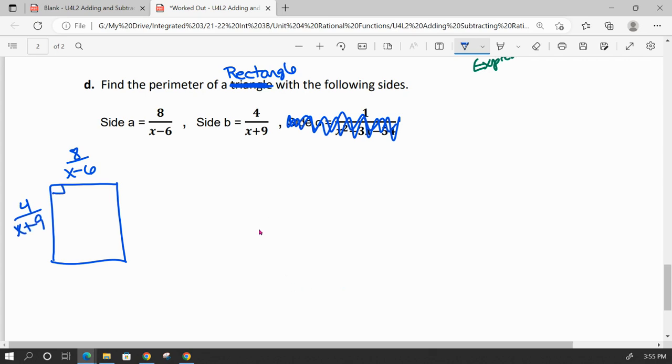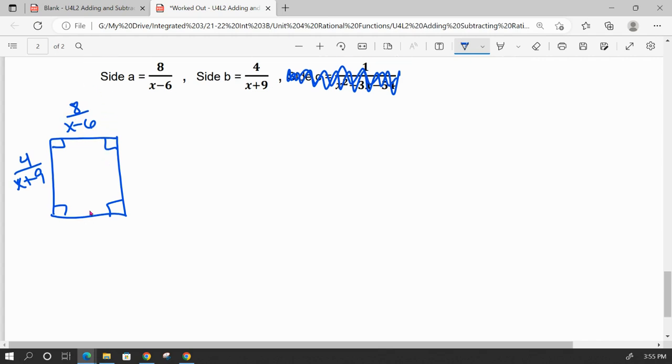If this is a rectangle, then the opposite sides are the same. So if this side is 8 over x minus 6, then the side on the bottom also has to be 8 over x minus 6. If the left side is 4 over x plus 9, then the right side also has to be 4 over x plus 9.